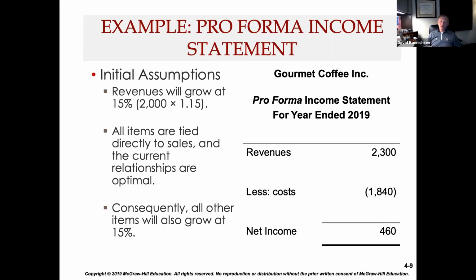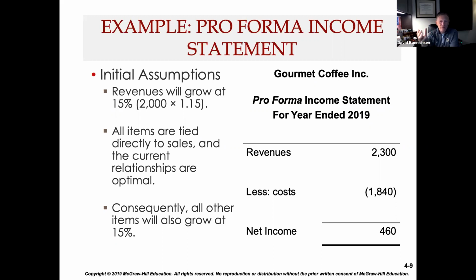Now, this is a super simple example because, as you know from the income statement, there are other items in here that are not cash items, like depreciation. Does depreciation grow with sales? Not necessarily. If you don't have to buy any new fixed assets to grow your business, then depreciation has no relationship at all to sales.